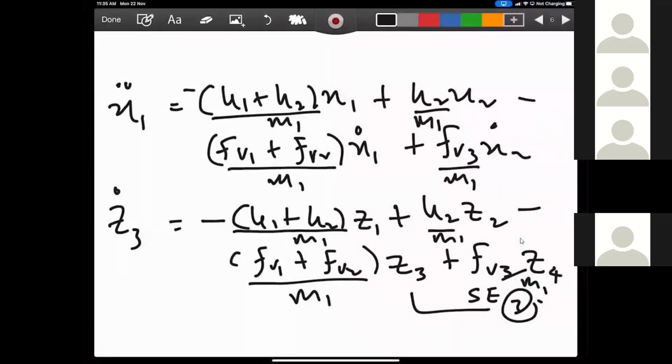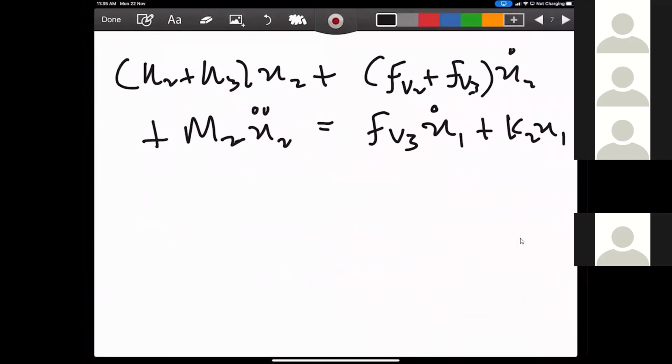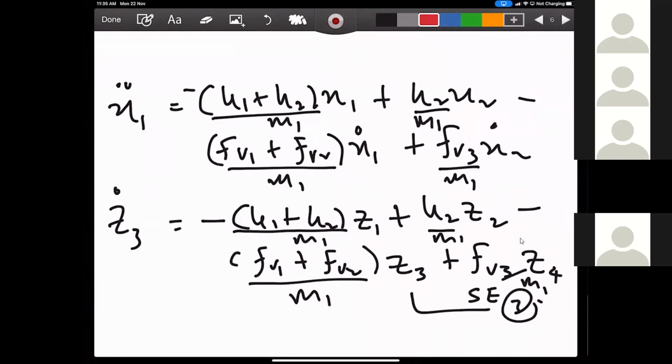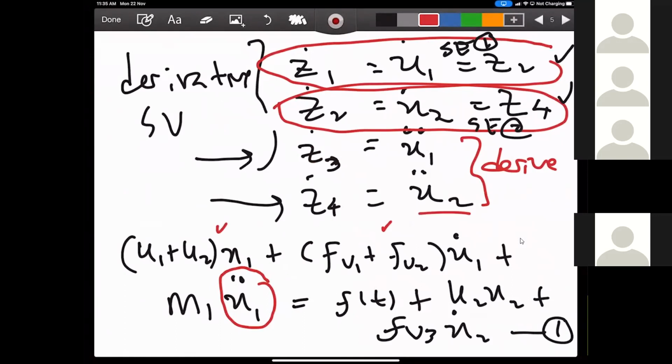Nampak? Yes. Okay, this one Shakila. Yes, doktor. So now we want to find this one, which is equal to Z4 dot. Am I right? Yes. Z4 dot yang ni.